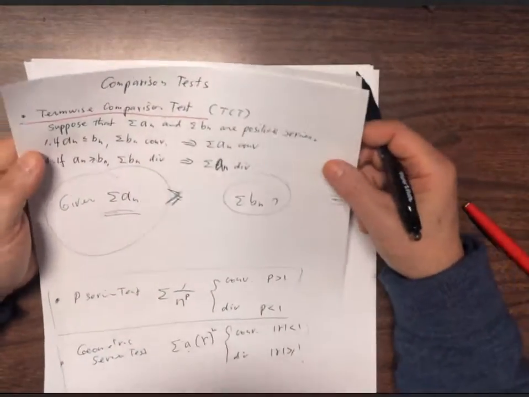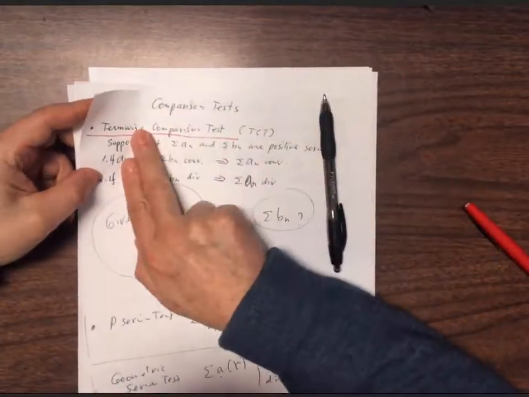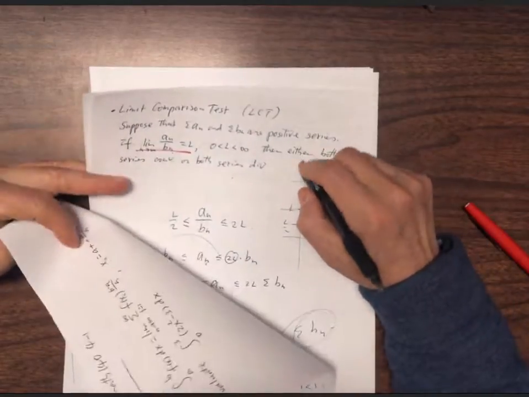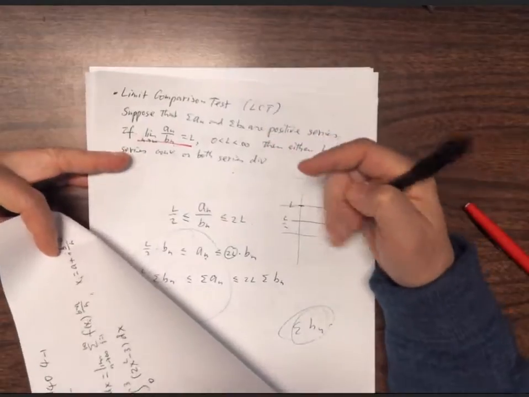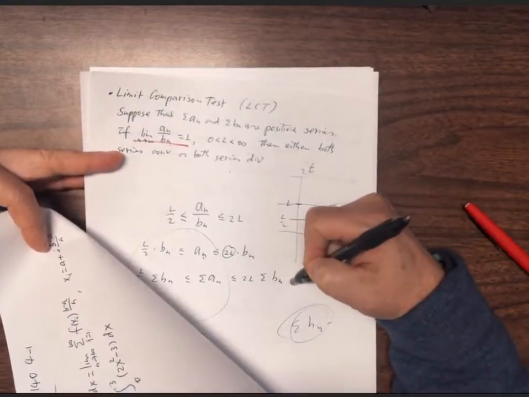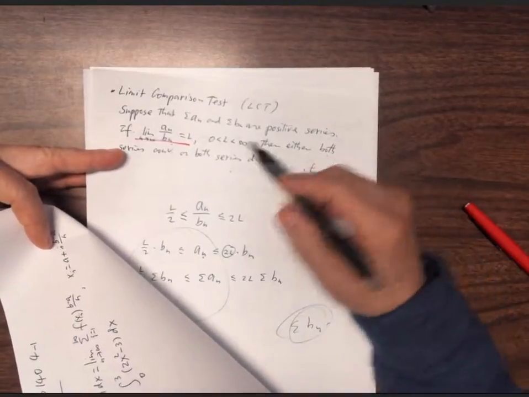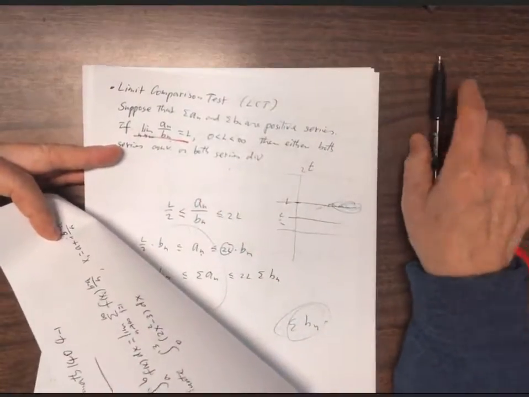Alright, at least for those we can estimate, we can try the termwise comparison test. For those we can simplify to a series we call sigma Bn that's clearly convergent or clearly divergent, we can try the limit comparison test.